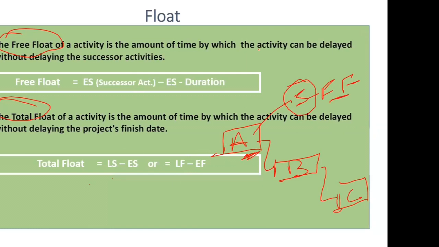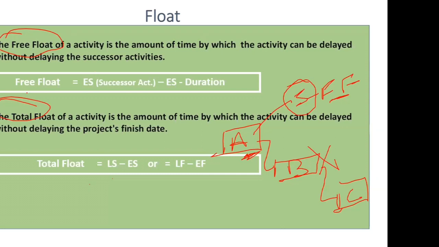And what is the definition of free float? The amount of time by which an activity can be delayed without delaying the successor activity. So if you delay your activity A by 5 days, ultimately the successor activity is not going to get delayed, right? So that is the meaning of free float.